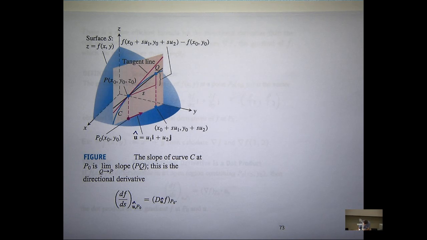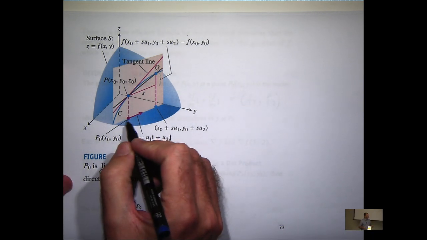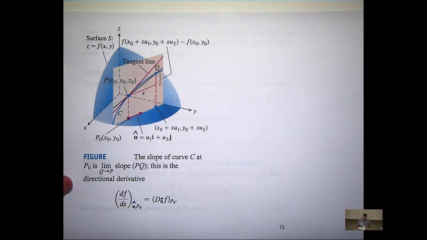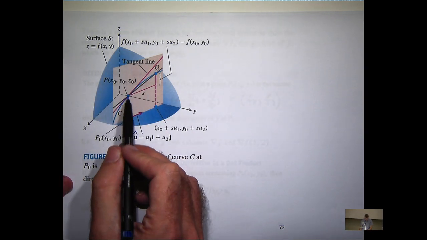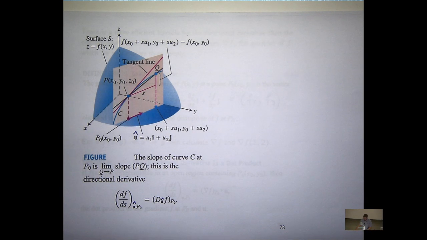It lies in a special plane that is constructed once you know this point and this vector, and of course your f, because then you can get that blue point up here. So it's not a huge leap from what you already know. Directional derivative is just the slope of a tangent line that lies in a special plane.